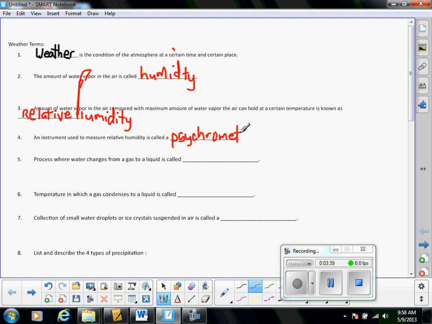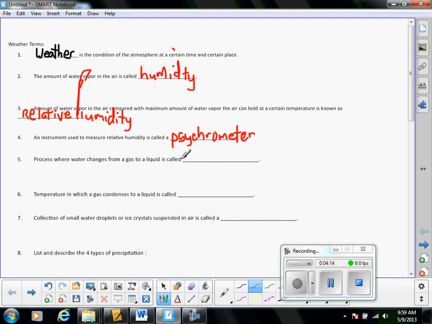Now what a psychrometer does is it involves 2 thermometers, and one of them has a piece of gauze over it that's wet, and that's called the wet bulb. The other one is dry, and that's called the dry bulb temperature. And by comparing the 2 temperatures, you can figure out by using a chart the relative humidity at a particular place at a particular time. So it's the percentage of water vapor that's being held by the atmosphere at that time.